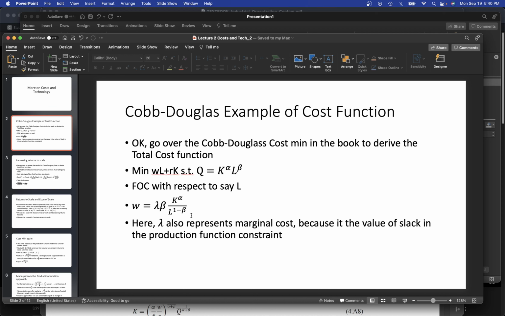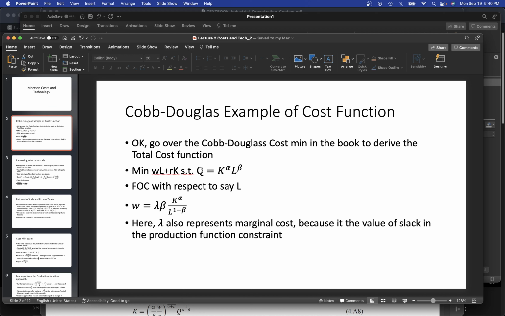Okay, here lambda also represents marginal cost because it's the value of slack in the production function constraint. Right, so it's the value in terms of total cost when Q, the target output, is less than what's able to be produced by your production function here. So again, remember the left hand side is some target, and the right hand side, which is also equal to Q, is in fact your production function given whatever K and L you've hired.